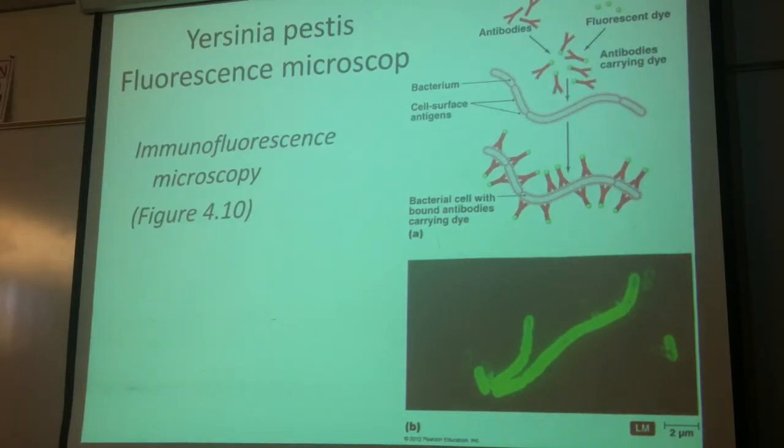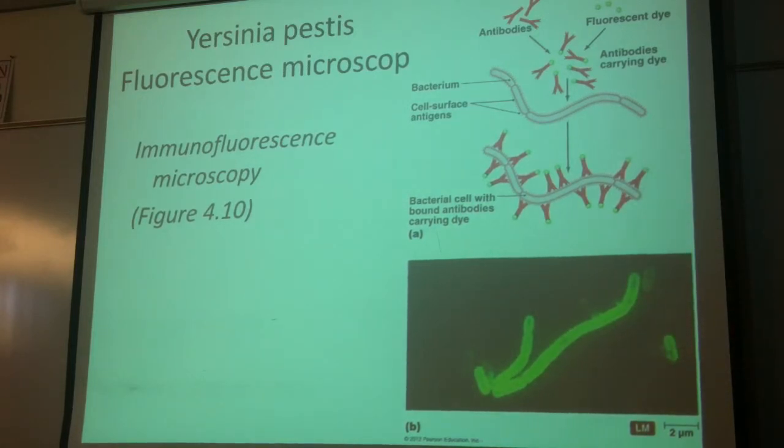So a lot of times you actually use 2 antibodies. You'll use a primary antibody, which is specific to the organism you're trying to stain. And then say you made it in a rat. Then you'll have a fluorescent antibody that was made in goat, which is specific to rat. It's going to find all of those rat antibodies and bind.